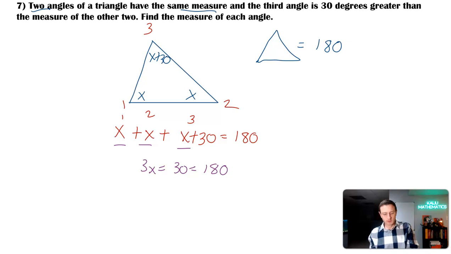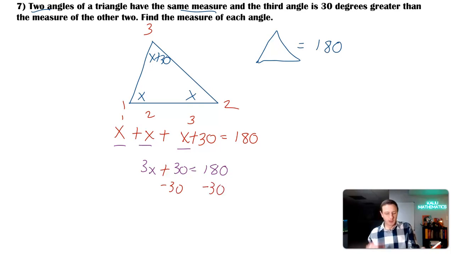I'm not sure if I said equals or plus, but I actually wrote plus, so it's 3X plus 30. We have to subtract 30. 3X equals 150. Divide by 3, X equals 50.